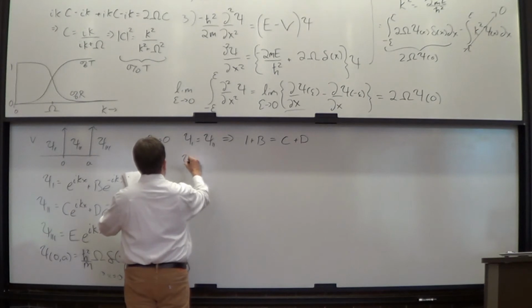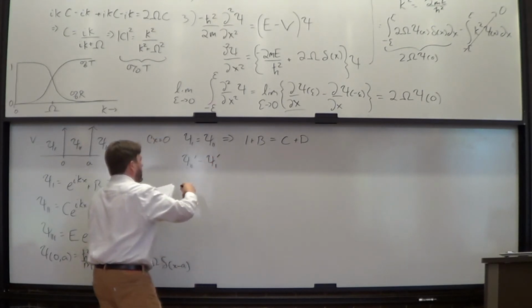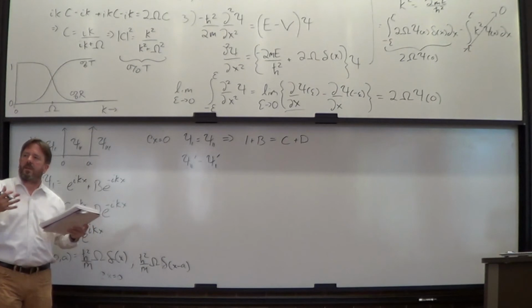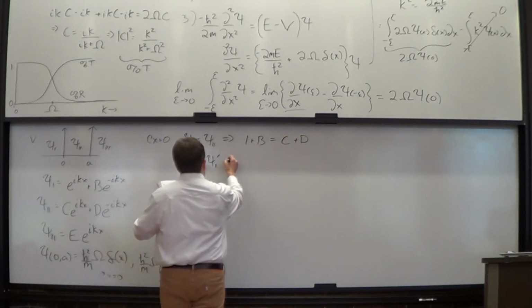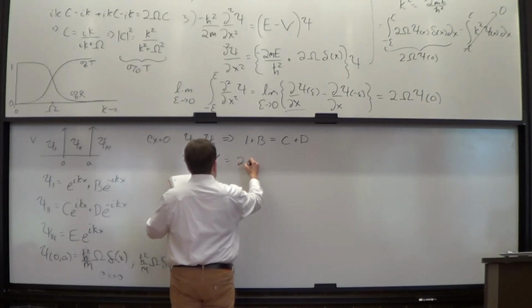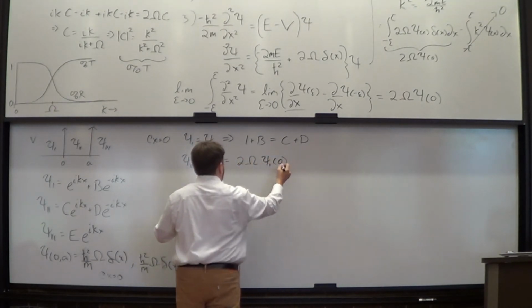What you've got is the derivative of region 2, the upper limit of that integral of the double derivative, minus the derivative of region 1, the lower limit of the integral of the double derivative, and that would be equal to 2 gamma wave function. And I'm going to choose region 1 at 0.